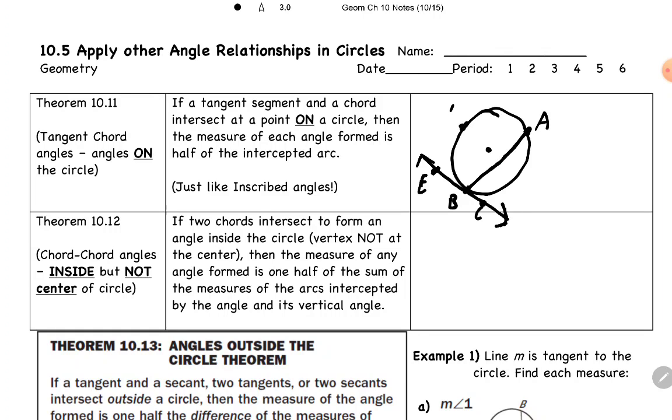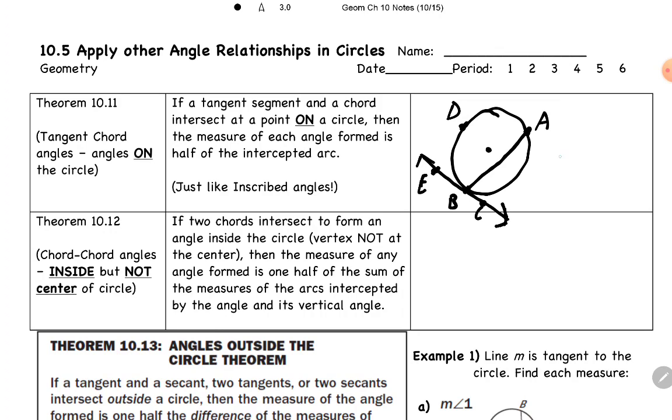If a tangent, so EC the tangent, and a chord, so AB would be a chord, intersect at a point on a circle, so they intersect at point B, then the measure of each angle formed is half the intercepted arc.